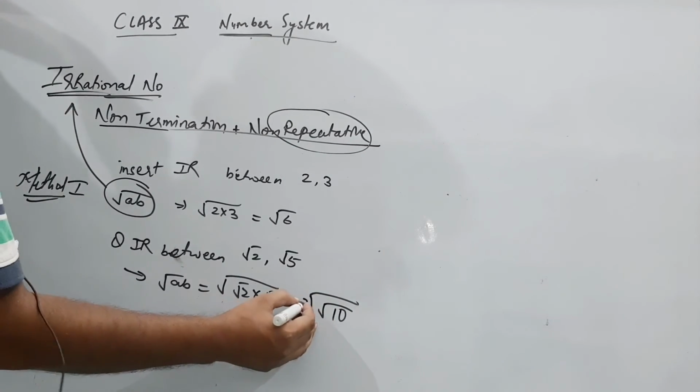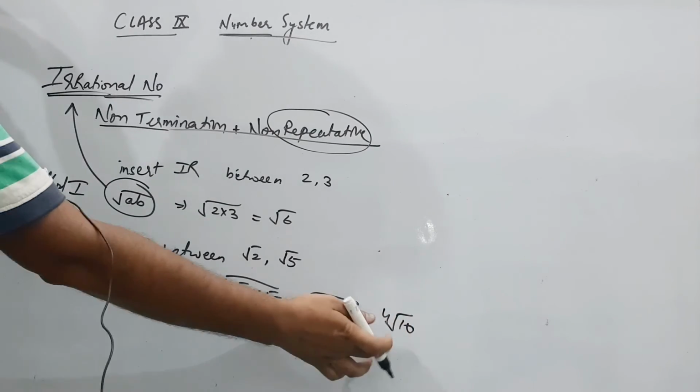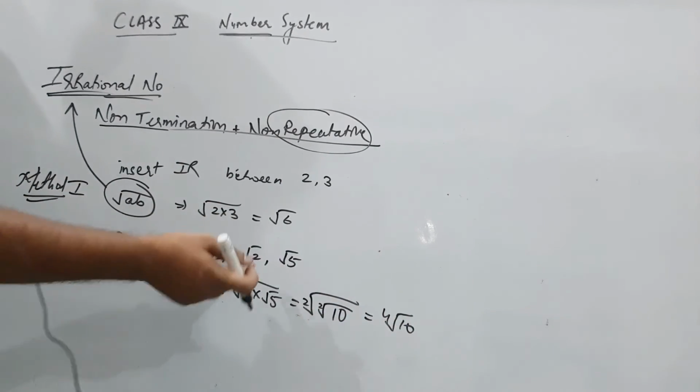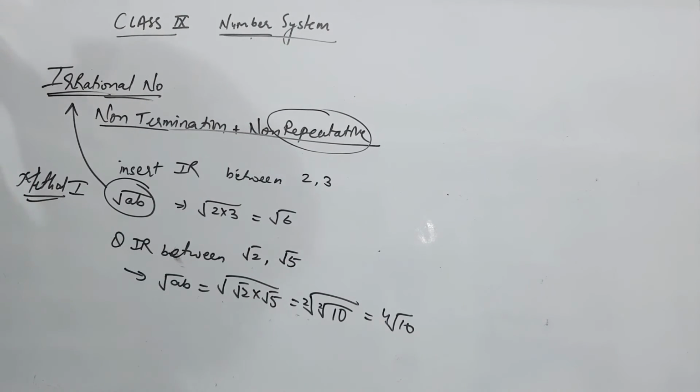Or we can also simplify, it becomes fourth root of 10. So it is a number that is irrational as well as bigger than root 2 and smaller than root 5. I hope you got it, how to find out this irrational number between these two given numbers. Now let's move on to the second method.